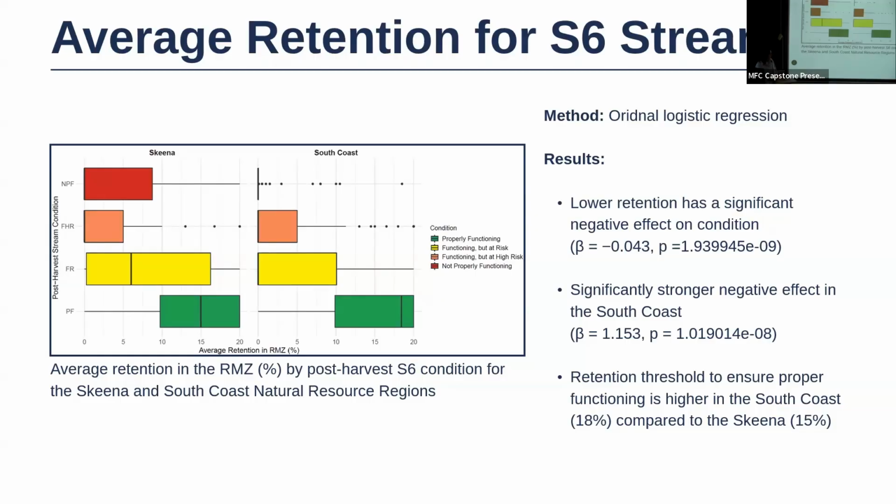In the South Coast, it was higher, around 18%, and the pattern is a little bit clearer. In terms of cumulative impacts, as we talked about earlier, I wasn't able to find significant results from the data that I used.